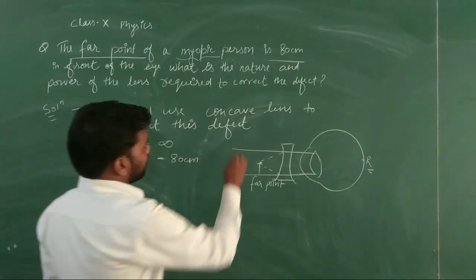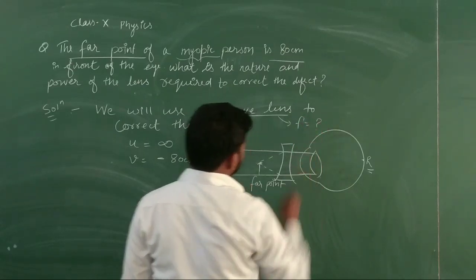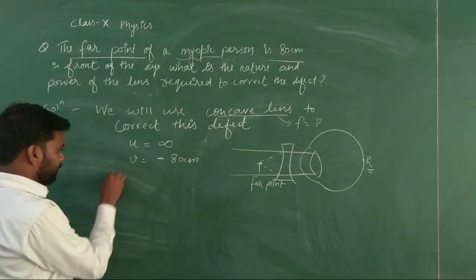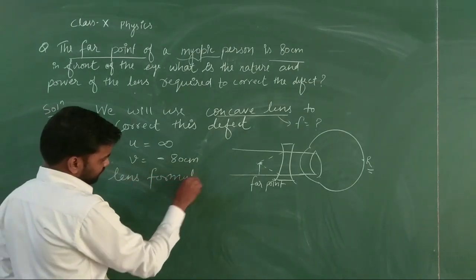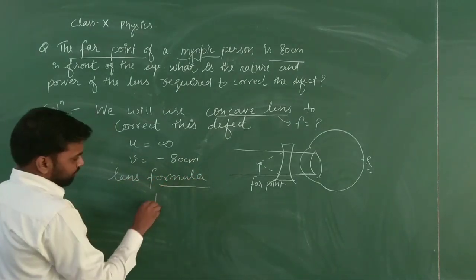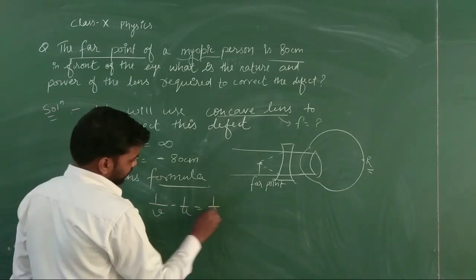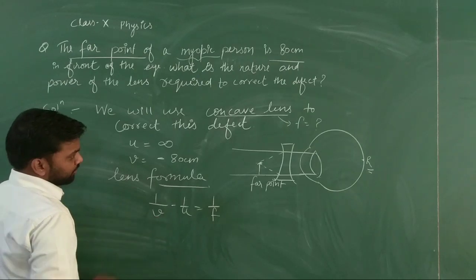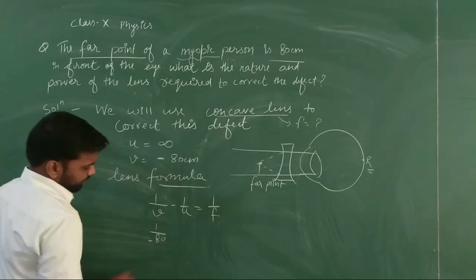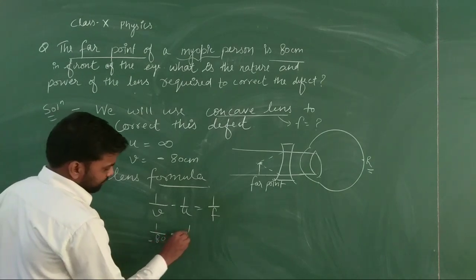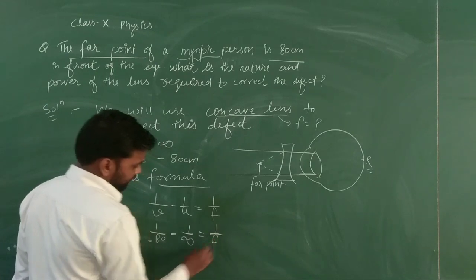Now we are using the concave lens, so we need to find out the focal length of this concave lens. So we will use the lens formula here: 1 upon v minus 1 upon u equal to 1 upon f. We know the value of v, that is minus 80, so 1 upon minus 80 minus 1 upon infinity equal to 1 upon f.